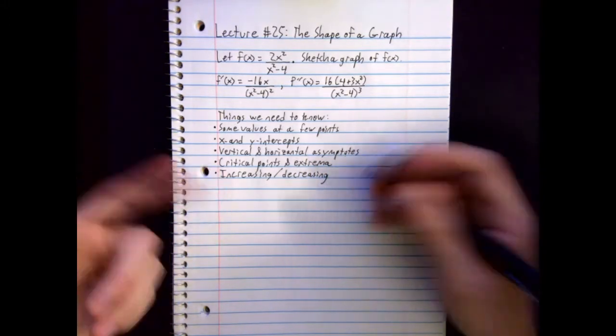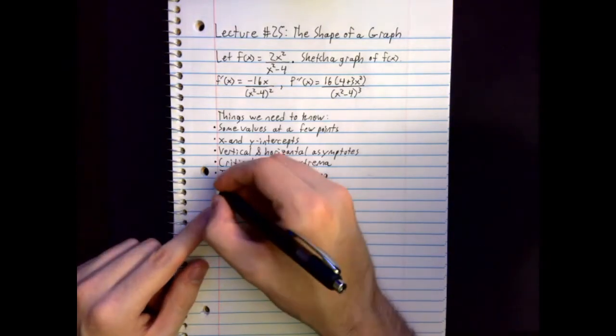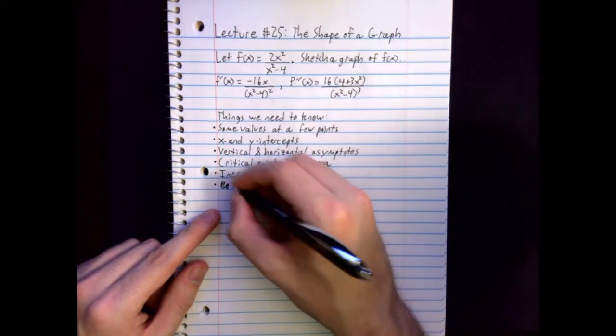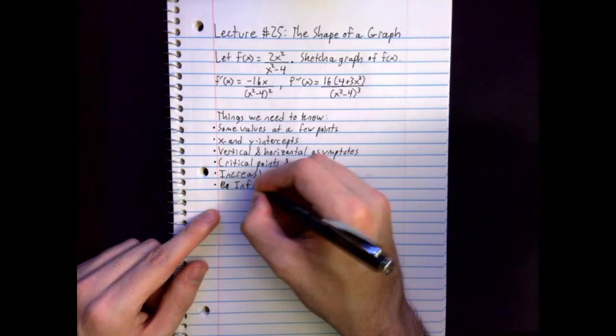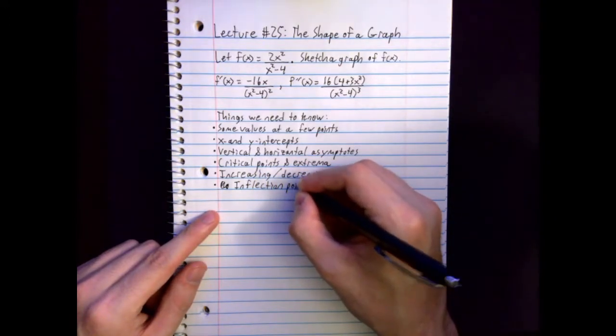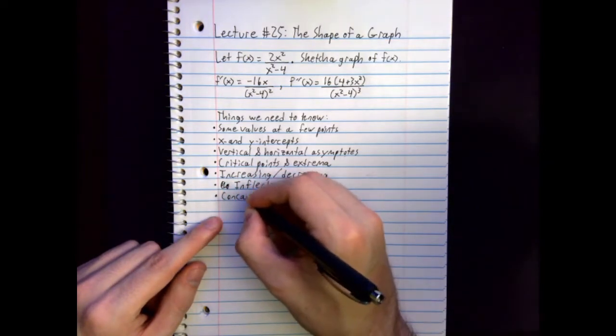And that's pretty much everything we can get with the first derivative. And the second derivative is going to allow us to know the inflection points, which is where the concavity switches. And then we need to know the concavity of the graph at various places.